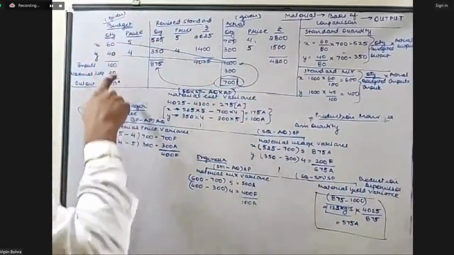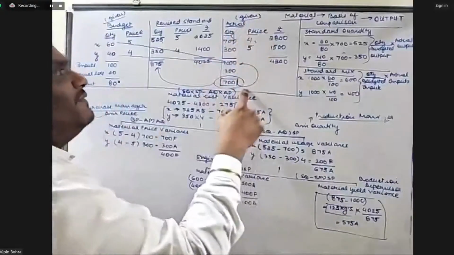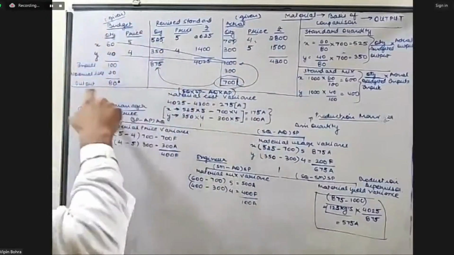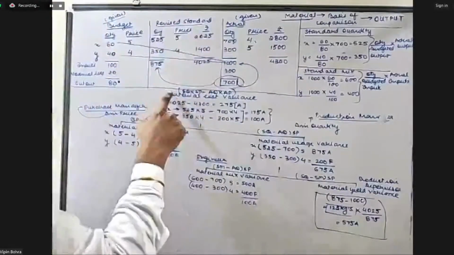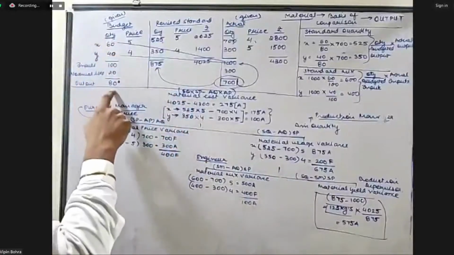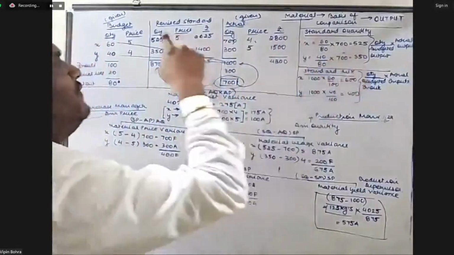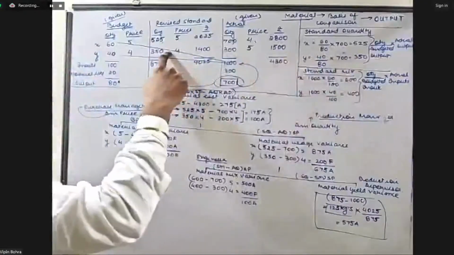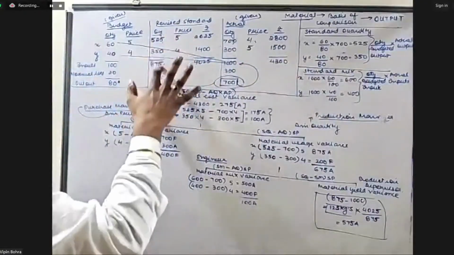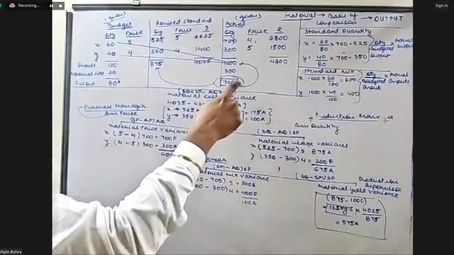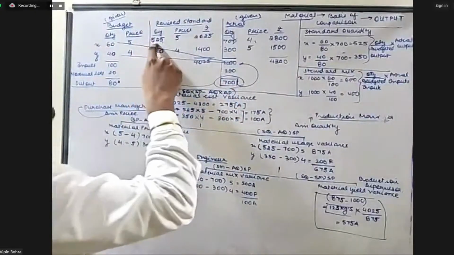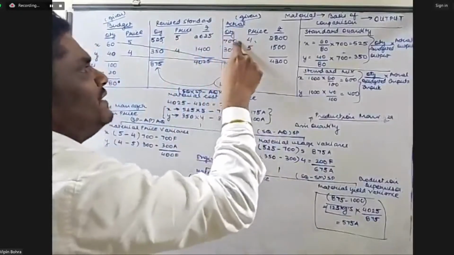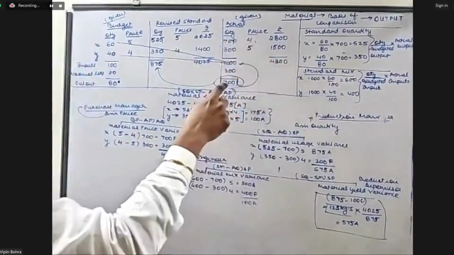This data is given for 80 units of output, and this data is given for 700 units of output. So we have to convert this 80 units data into 700 units data. 60 is for 80, how much will be for 700? 525. 40 is for 80, so how much for 700? That is 350. So this was the material that was supposed to be used to manufacture 700 units. That is 525 units were supposed to be used at the rate 5, but we actually used 700 units at the rate 4.